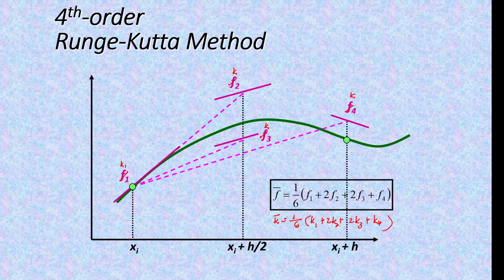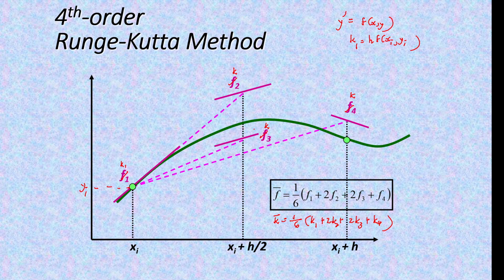K1 is evaluated at x i and y i, using the function y prime equal to f x y. So K1 is h multiplied by f x i y i. K2 and K3 are evaluated at x i plus h over 2.